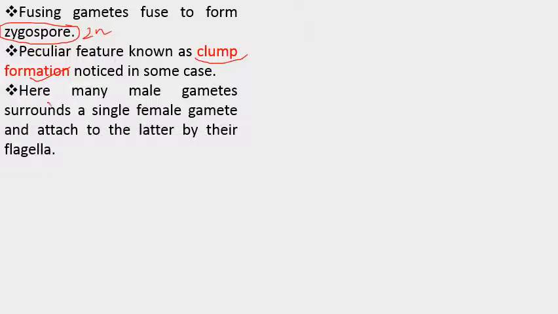So here many male gametes surround the single female gamete and attach to the latter by flagella. Flagella की help से female gamete में attach होते हैं और उसको surround करते हैं. That results in the formation of this clump-like structure, which is known as clump formation. So this is the unique feature which is noticed in the case of Ectocarpus.